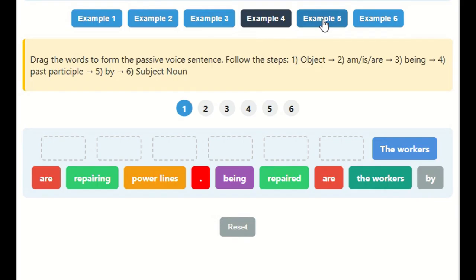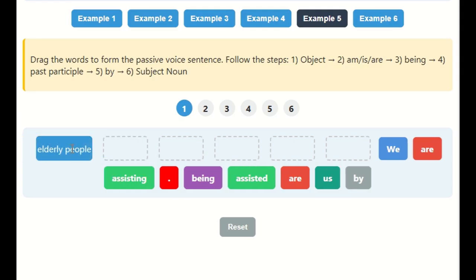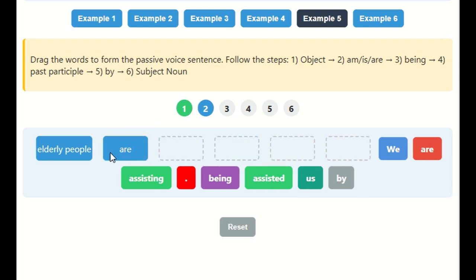Now look at next example. We are assisting elderly people. Here both subject and object are plural nouns. We'll start making it to passive. First the object, which is elderly people. Then helping verb are. Because the object elderly people is a plural noun.